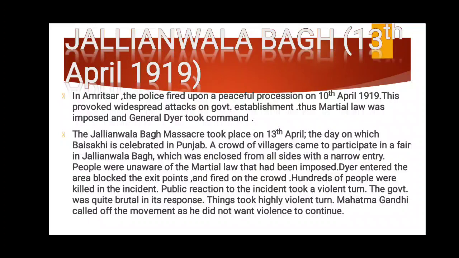People were unaware of the martial law that had been imposed. But General Dyer entered the area, blocked the exit points, and fired on the crowd. Hundreds of people were killed in the incident.